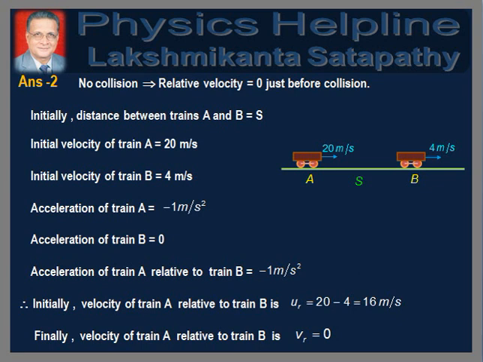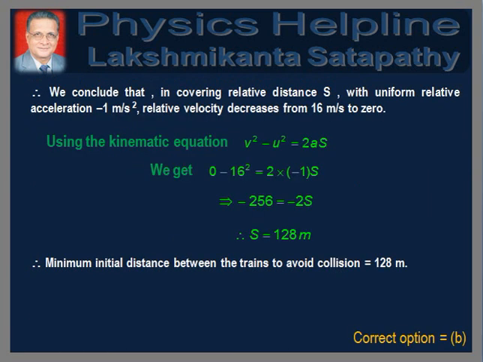For no collision, the final relative velocity of the two trains should be 0. Therefore, we conclude that in covering a relative distance s with uniform relative acceleration of -1 meters per second square, the relative velocity decreases from 16 meters per second to 0.